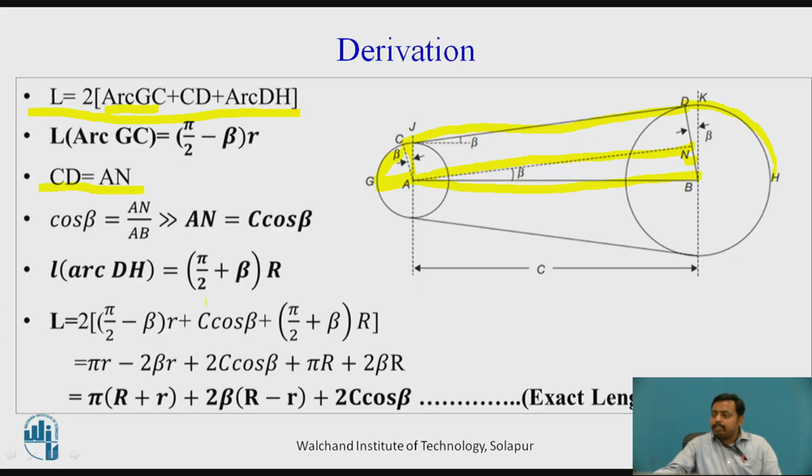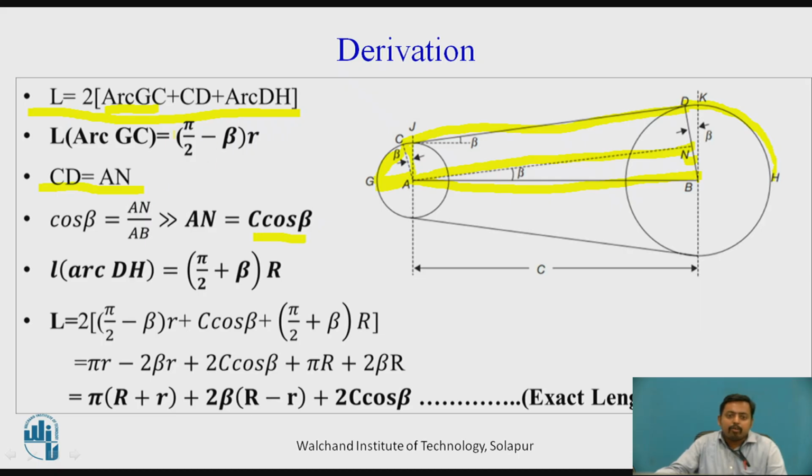So cos beta is equal to AN upon AB, which gives AN is equal to AB cos beta, and the value of AB, as we know, is C, the center distance. So AN is equal to C cos beta.